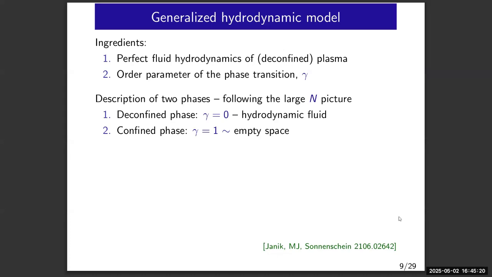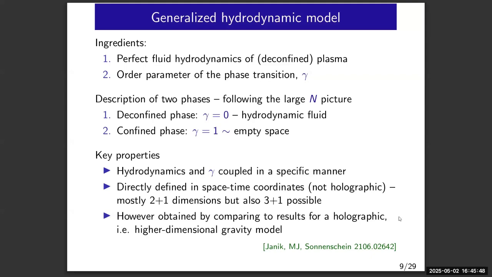But maybe this is still a good approximation for Nc equals 3 Yang-Mills. If you plot the energy density of Nc equals 3 Yang-Mills from the lattice, the energy density really drops very drastically at the phase transition. So when you go below the critical temperature, essentially all the degrees of freedom are just gone.